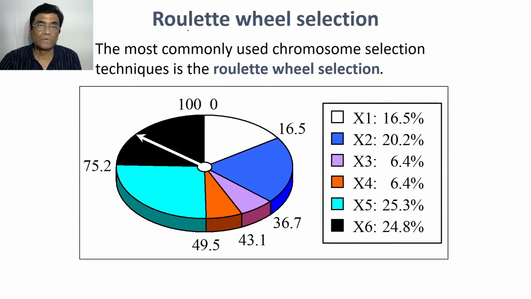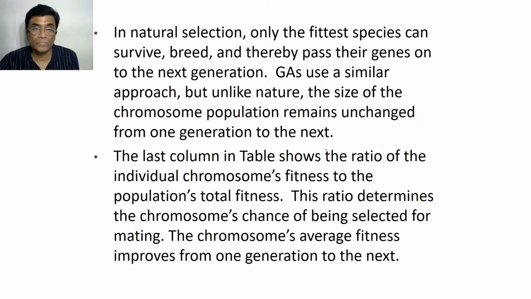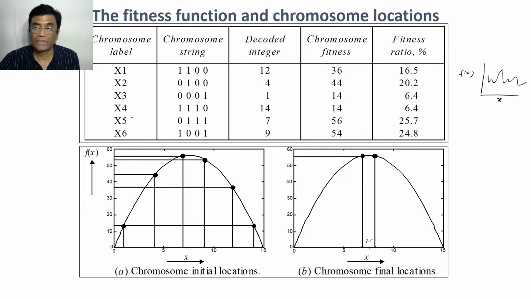So there is a concept called Roulette Wheel. Each chromosome, you see, you have selected 6, and each chromosome has a fitness ratio. That means what is the fitness ratio of this chromosome? 36 divided by 36 plus 44 plus 14 plus 14 plus 56 plus 54, which turns out to be 16.5.